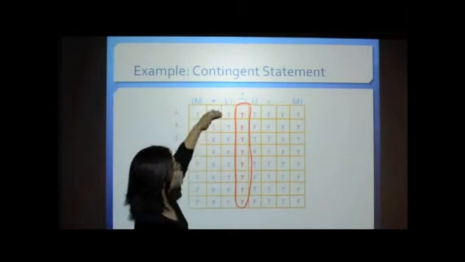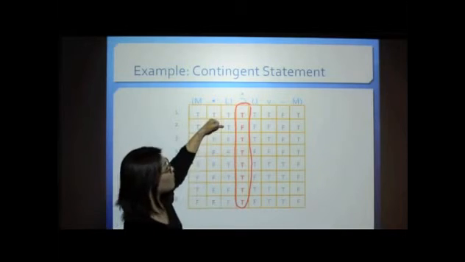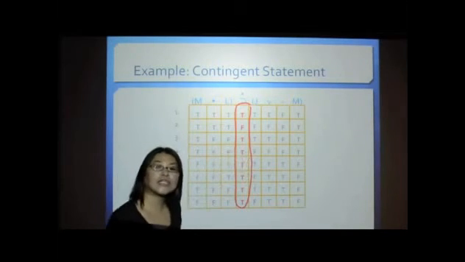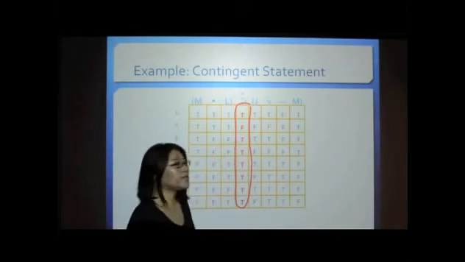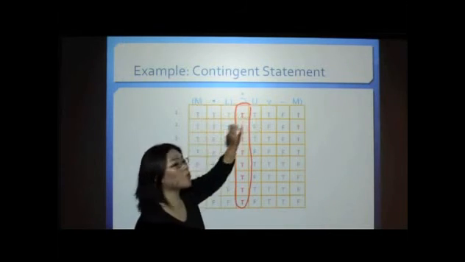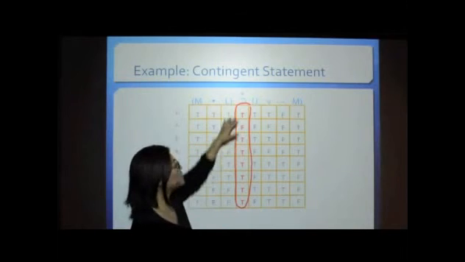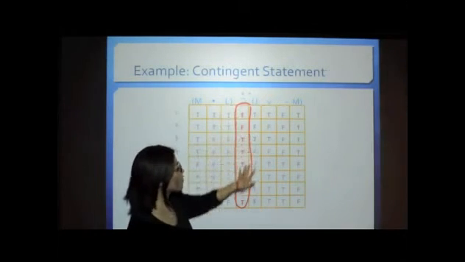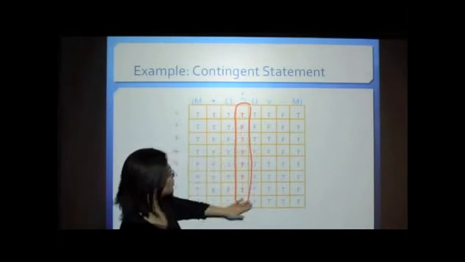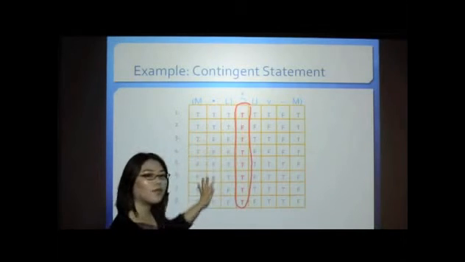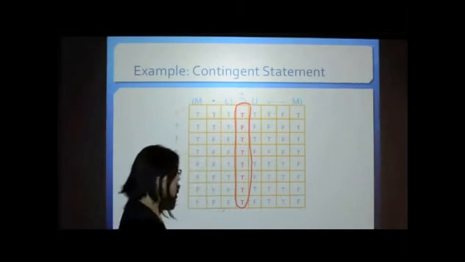So because it can be true or false, this is a contingent statement, okay? So the truth value of this statement will depend on the truth value of its component parts, okay? And it's possible for it to be true, or false, depending on what their component parts are, okay?